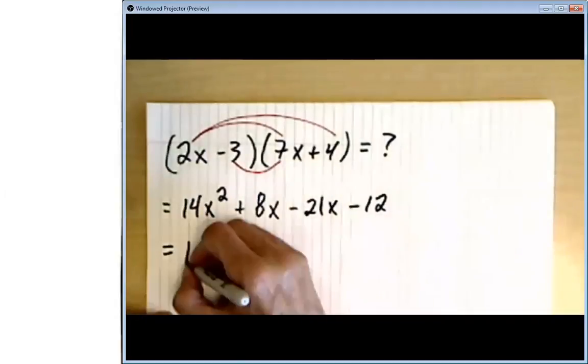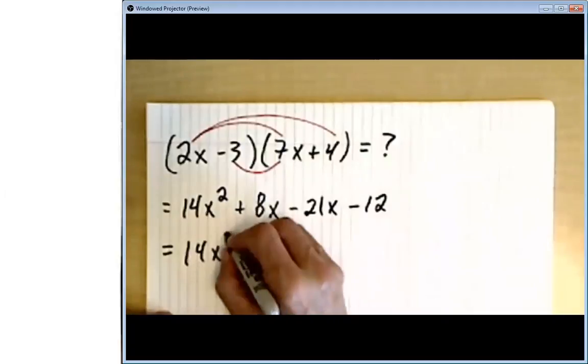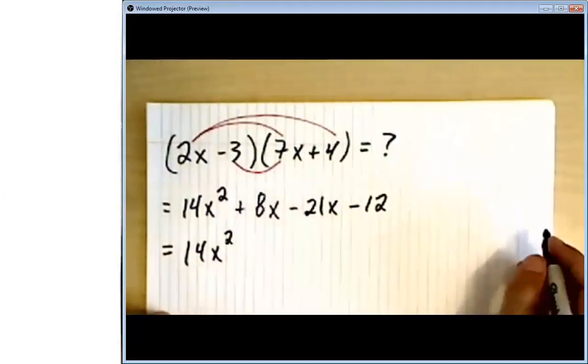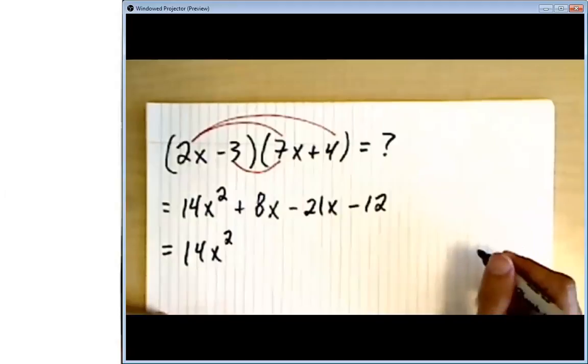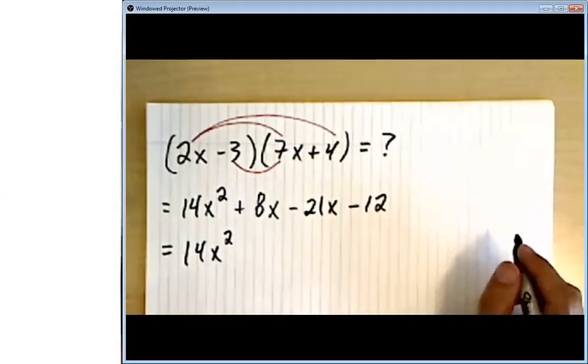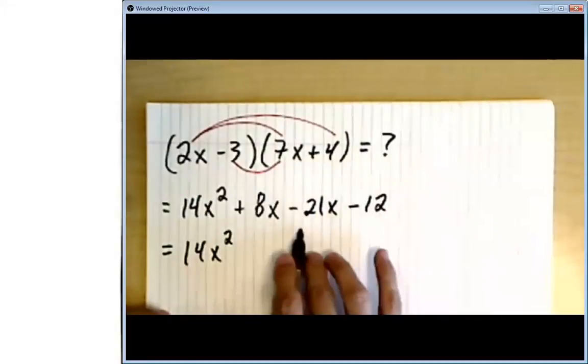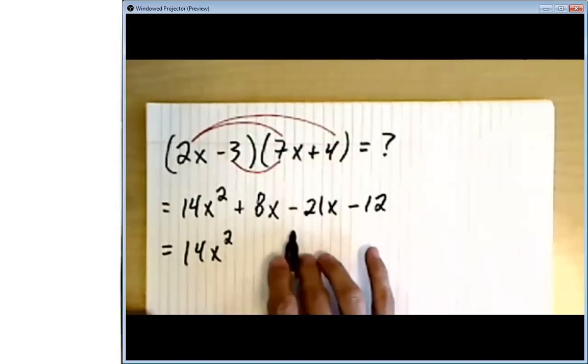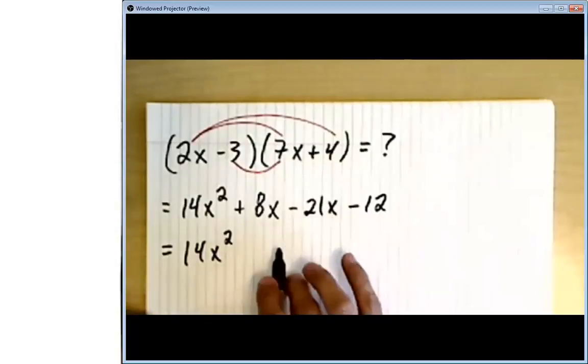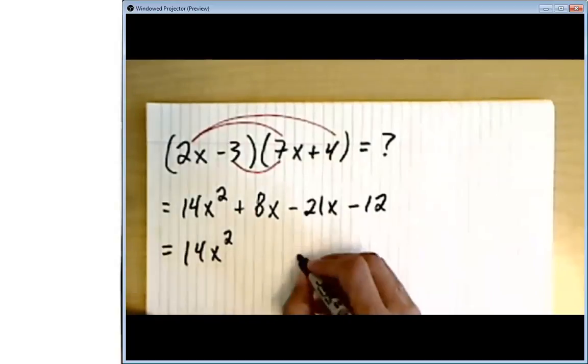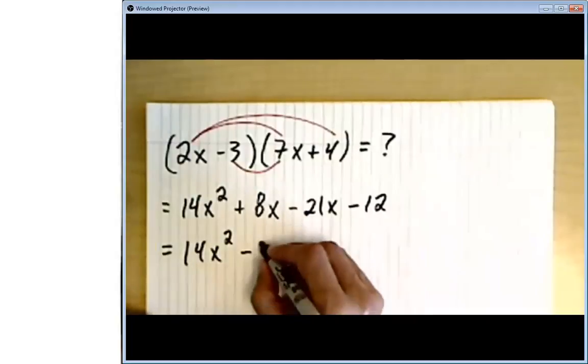Yeah, that comes down. Maybe plus 13x. See, Zoom says plus 13x, the class is saying minus 13x. Minus 13. Yes. Nice.